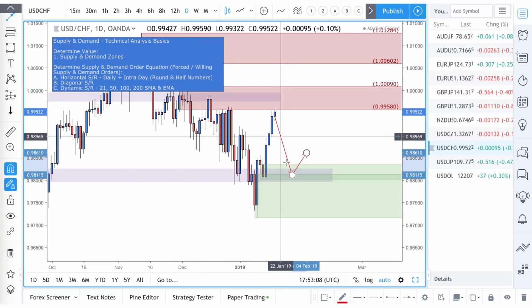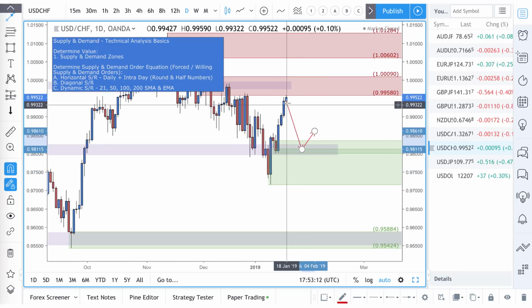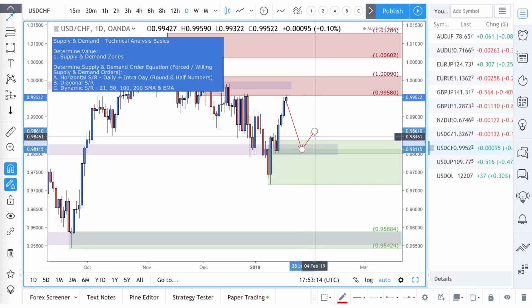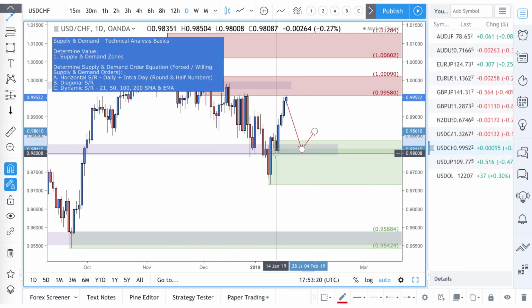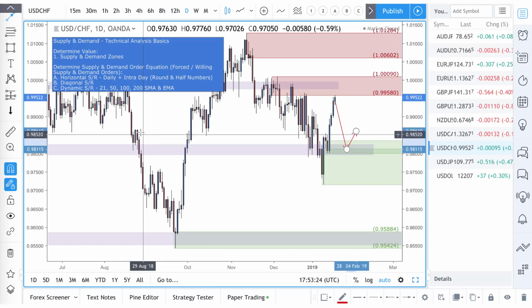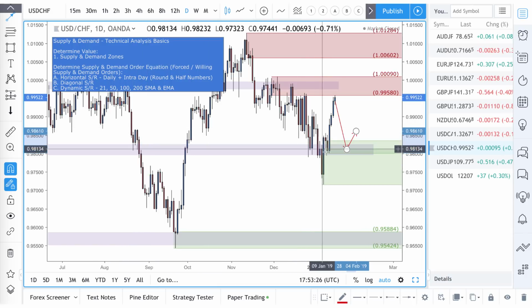If you sold here, where are you going to take profit? Trouble area here. If you sell here, you've got to buy to exit. As supply and demand traders, we're looking to buy here, and there are going to be new traders looking to also buy here who have got their eye on this support and resistance zone.